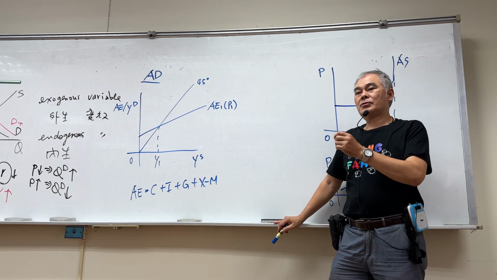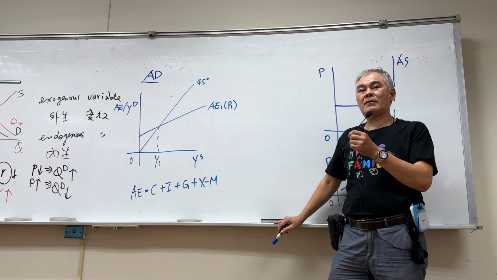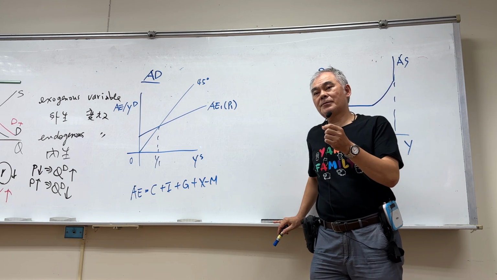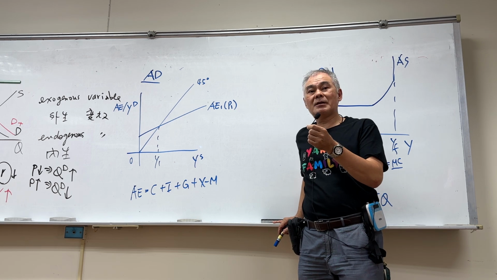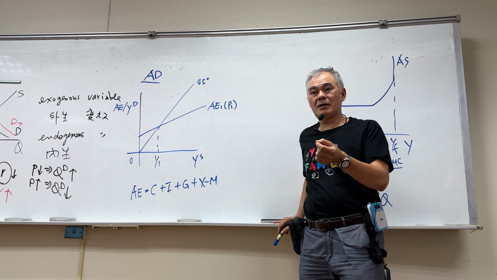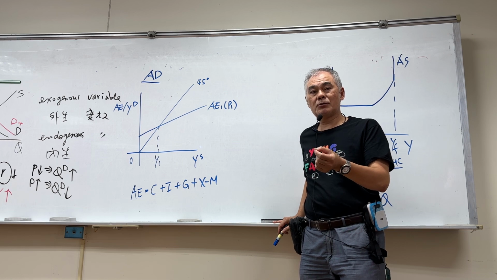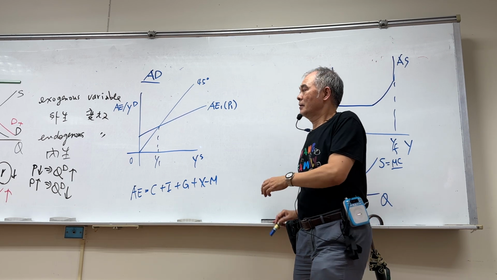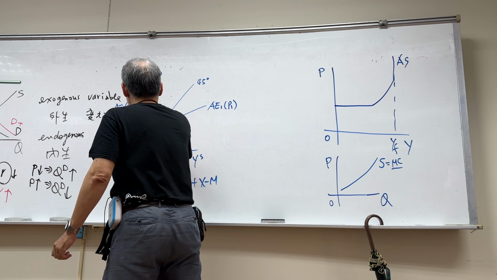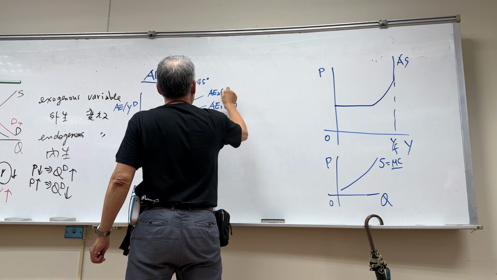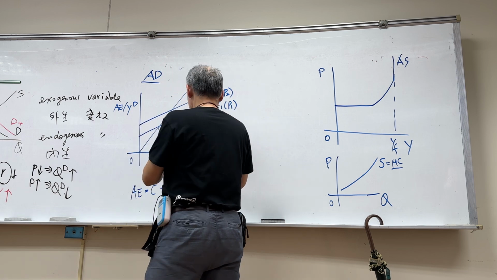But these two aggregate expenditures are facing two different price levels, okay? Even if you have the same amount of money, because the price level is different, the amount of goods you can buy will be different. So let us say it is here, aggregate expenditure 2 at price level 2.